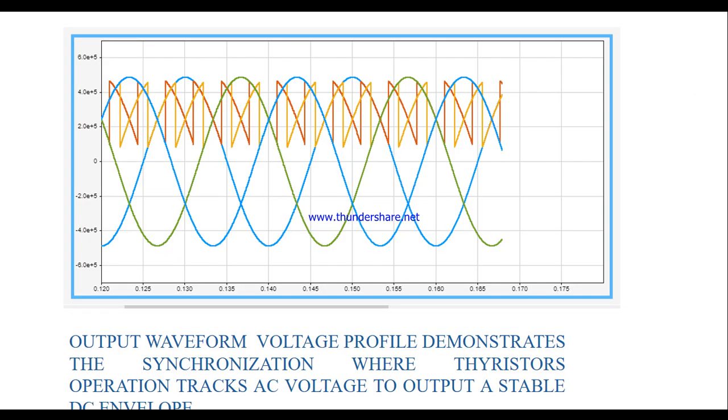We can see here the three-phase output wave with x-axis and y-axis. The x-axis is for time, the y-axis for voltage. This continuous, balanced and symmetrical waveform indicates that the system has AC stability, confirming that the firing angles are stable for efficient power transmission.